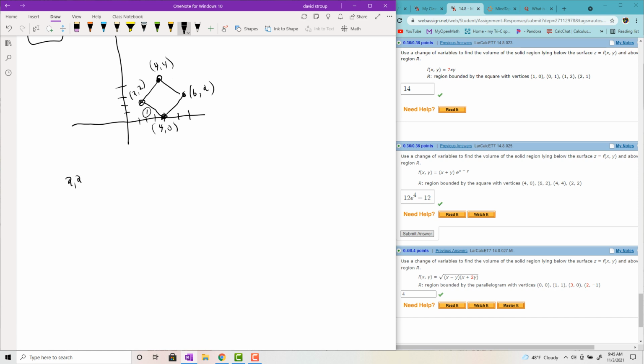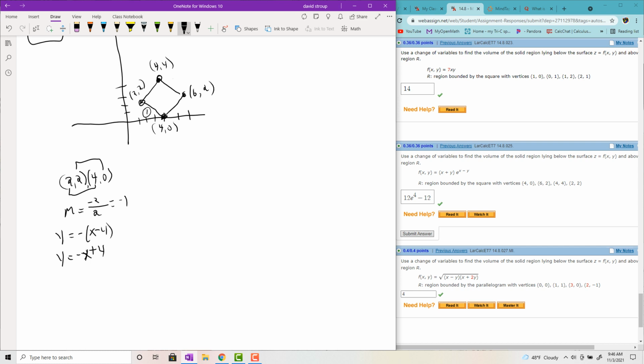So it'd be 2, 2 to 4, 0. And so I have 0 minus 2 all over 4 minus 2, which is 2, so negative 1. So y minus 0 equals negative x minus 4. So y equals negative x plus 4.